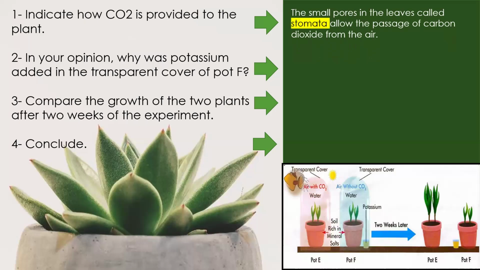Number two, in your opinion, why was potassium added in the transparent cover of pot F? In pot F, inside the transparent cover, we put potassium, and here the air is without carbon dioxide. So in your opinion, why was potassium added in this transparent cover?